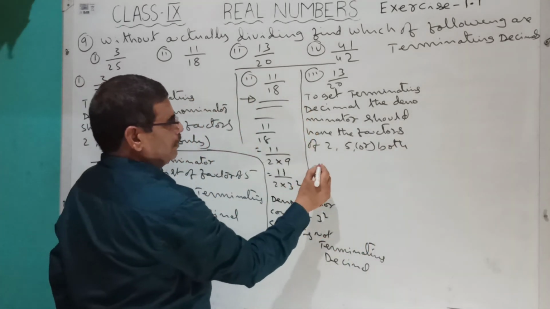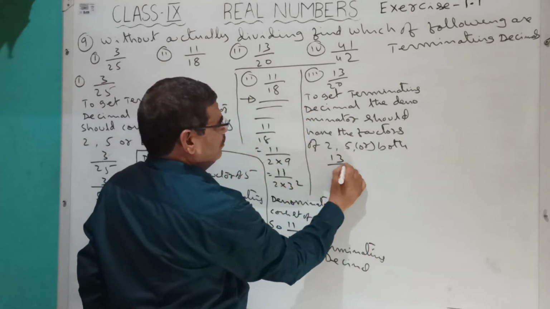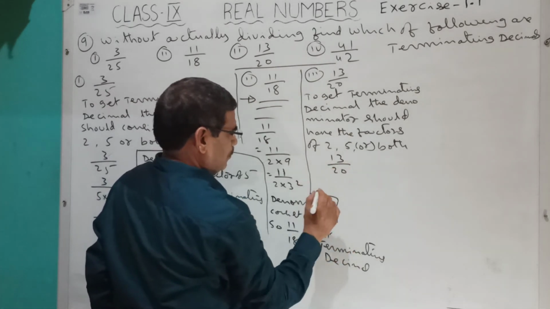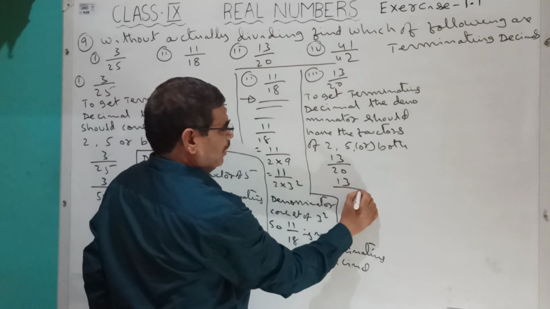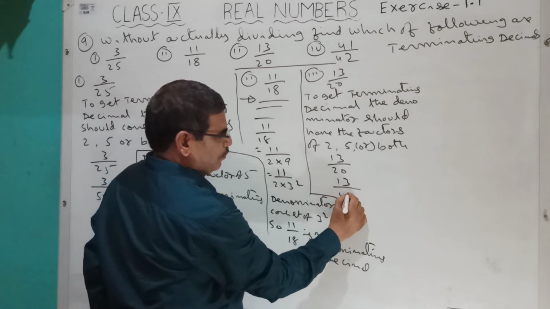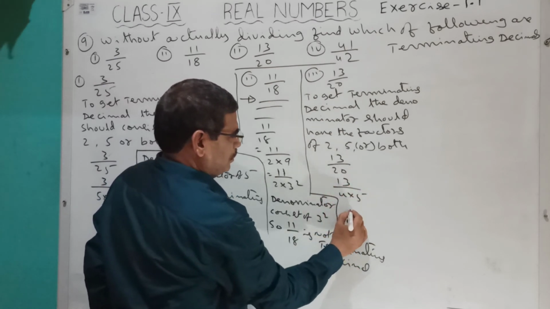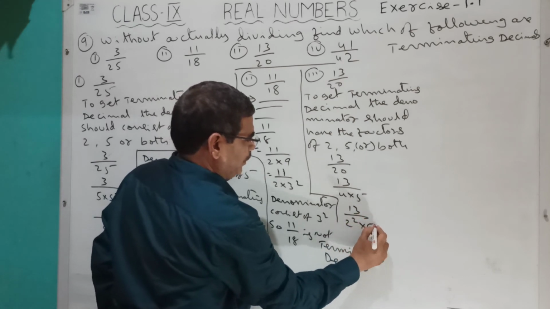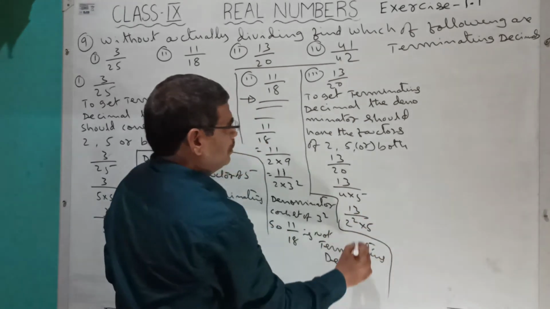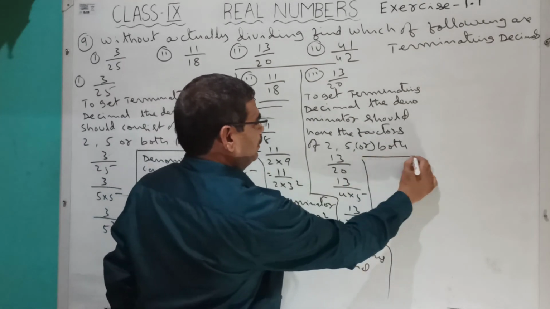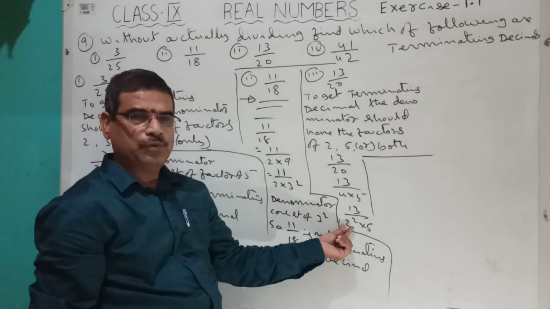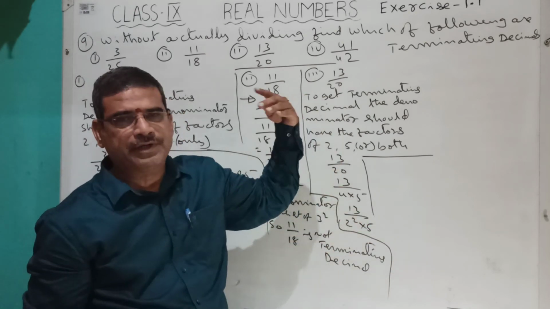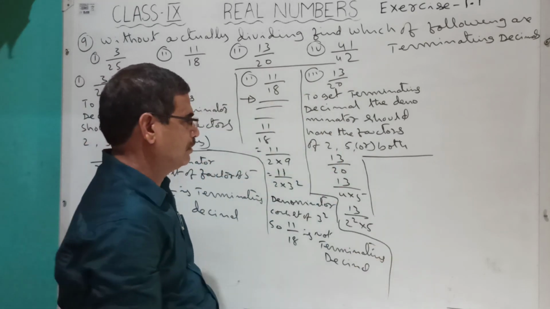So here 13 by 20. So 13 by 20 can be written as 13 by 4 into 5, so 13 by 2 square into 5. So in the denominator, see, only factors of 2 and 5 are there. So it can be converted into a terminating decimal.